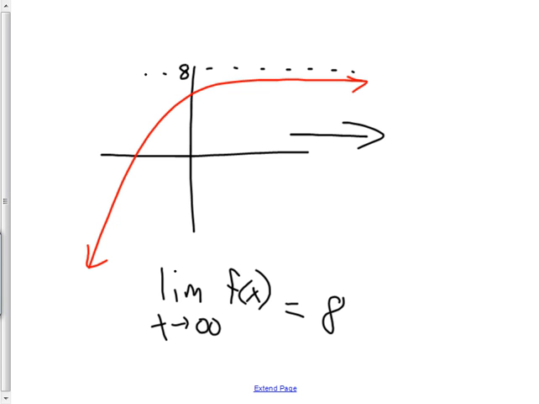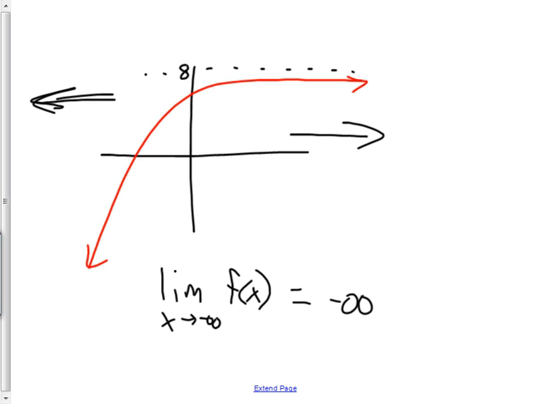Because the highest it's ever going to be is 8. How could I describe the left side of this graph? The limit of the function as x approaches negative infinity, that's this end of the graph, would be what? Negative infinity. That's the basics of how to write a limit.